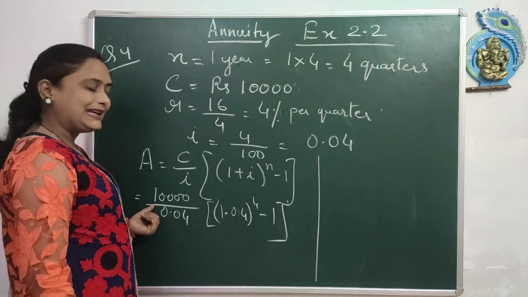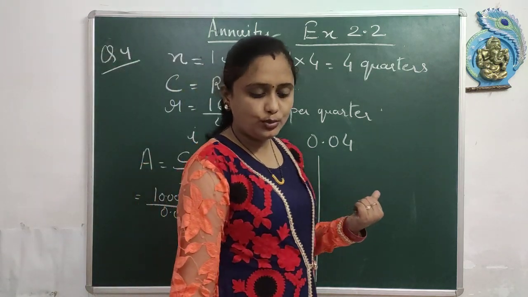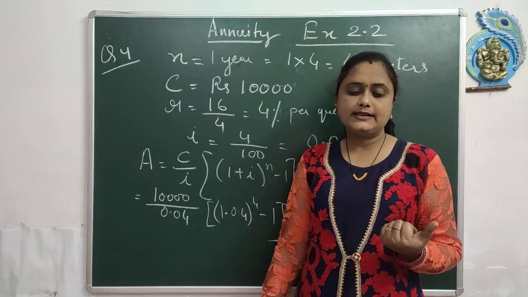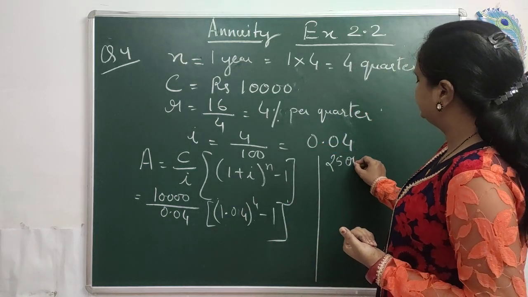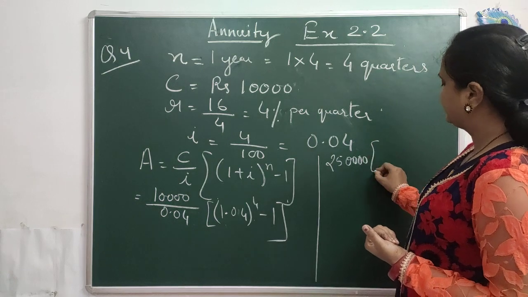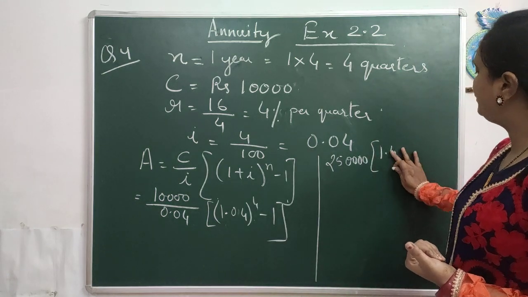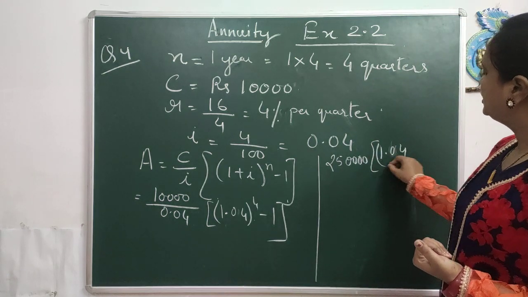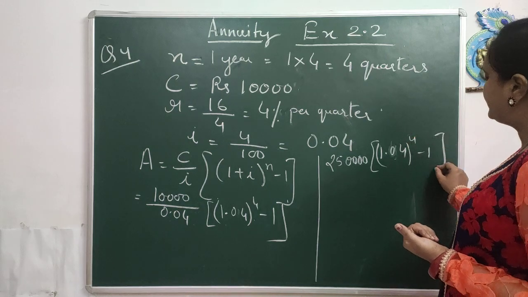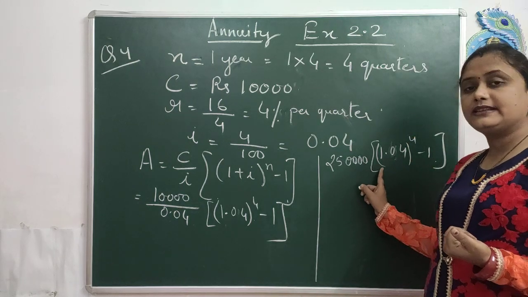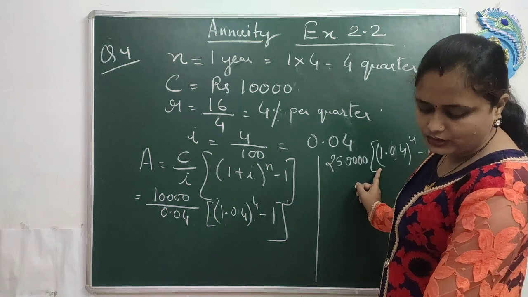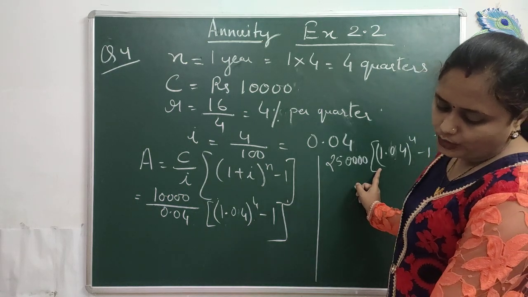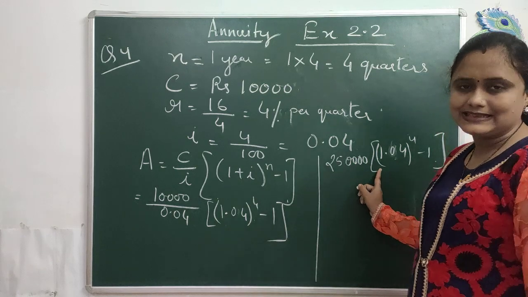Okay, so 10,000 divided by 0.04, that is 2,50,000. Then 1.04 to the power 4 minus 1. The power value will always be given in the question. 1.04 to the power 4 is 1.1699.